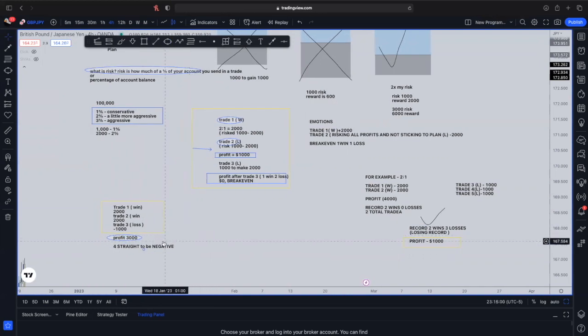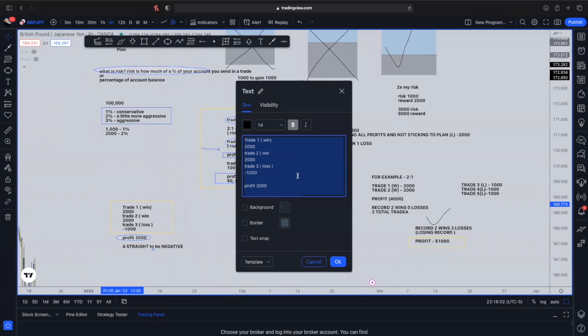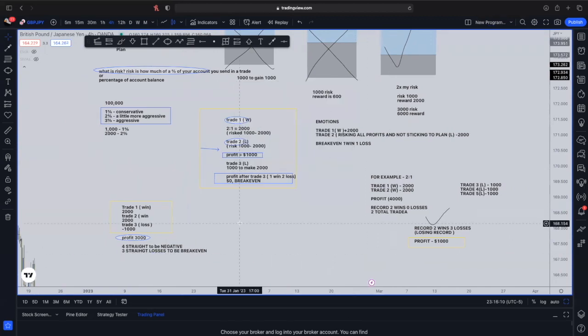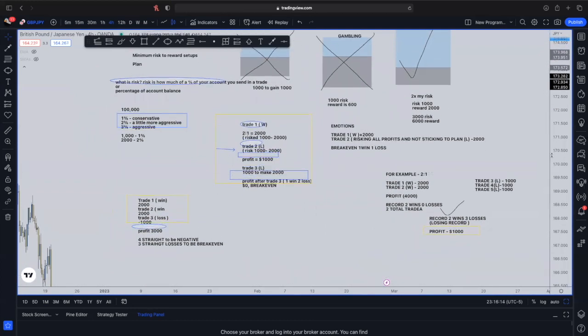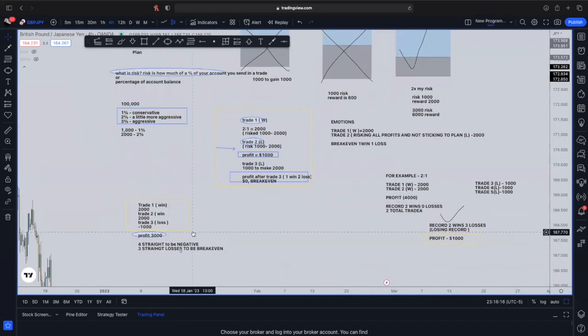We would need 3 straight losses to be break even. Again, we are going to work and learn to not lose 3 straight. Okay, so that is the beauty of risk management. It is very unlikely that we're going to lose 4 straight, and it's very unlikely that we're going to lose 3 straight to be break even.